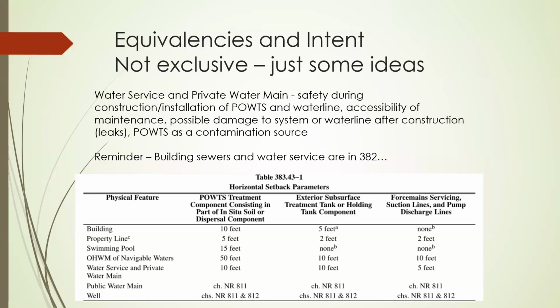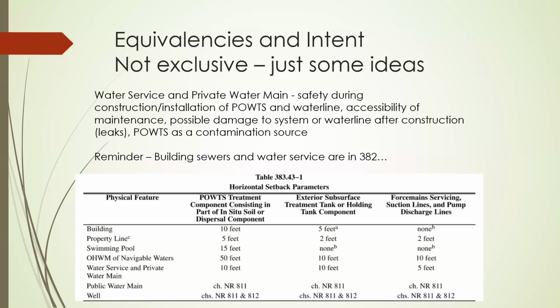And then water service and private water mains. Same things: safety during construction, accessibility for maintenance, possible damage to the system or the water line after construction. So if they're leaking, and then the POWTS is a contamination source. If the POWTS is very close and it's within the treatment zone, if we see leaks in both, are we going to have a contamination of our water service?